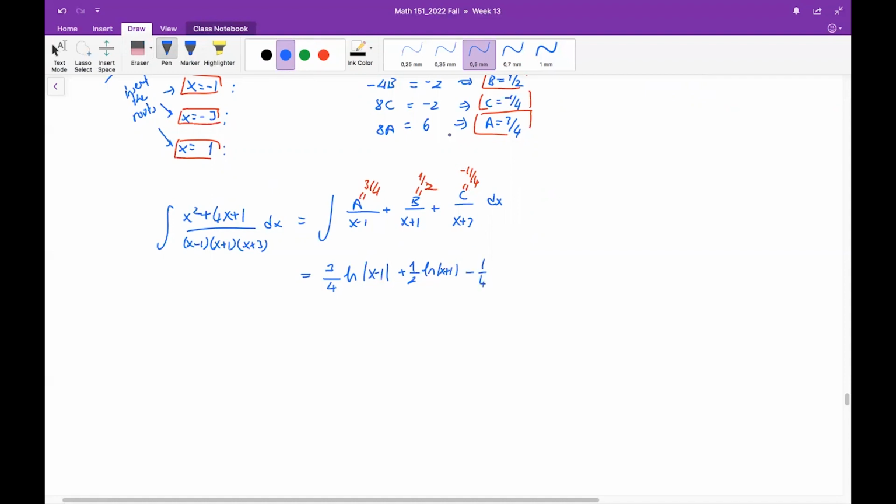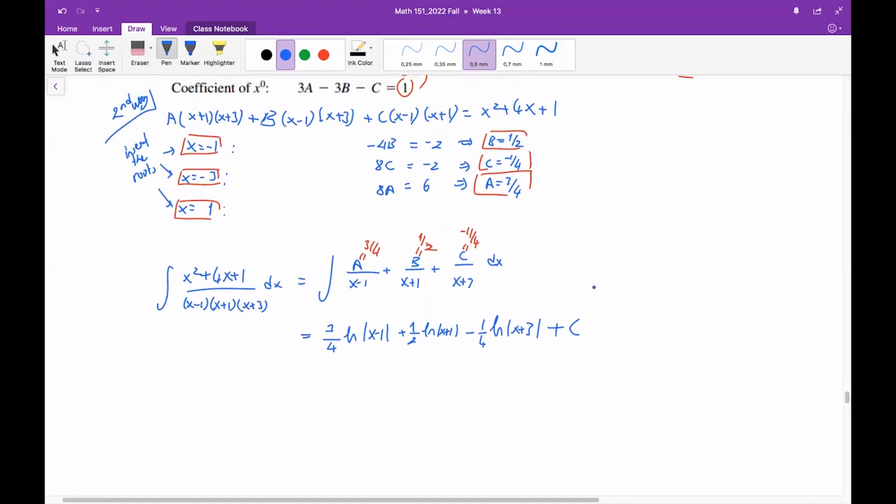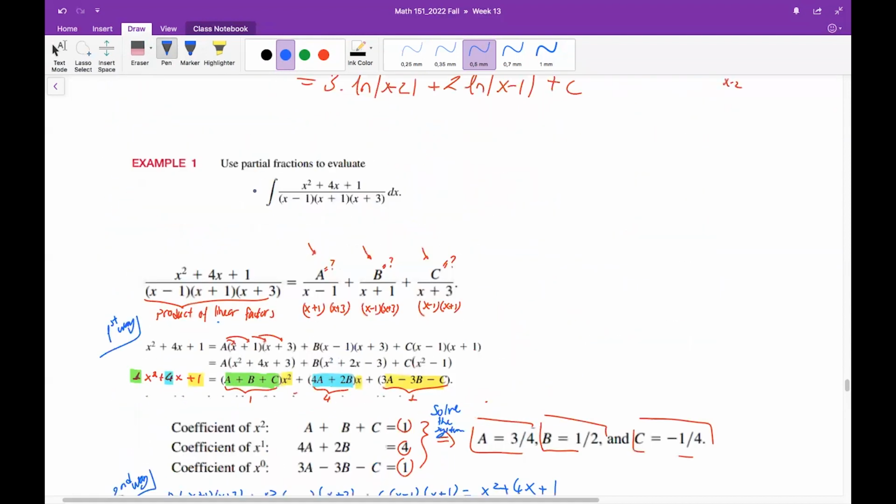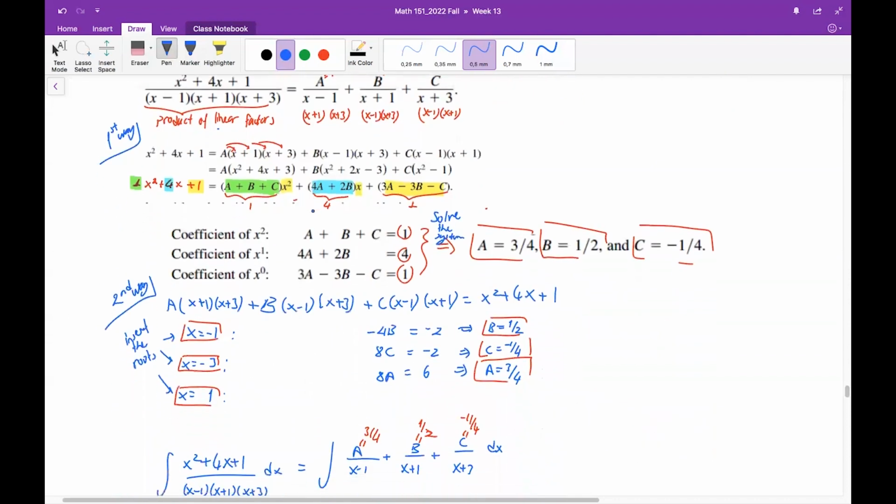Minus 1/4 is a constant, it goes out, and it is ln of x plus 3, plus an arbitrary constant C. So that's how you should handle an integral of a rational function whose denominator consists of linear factors.